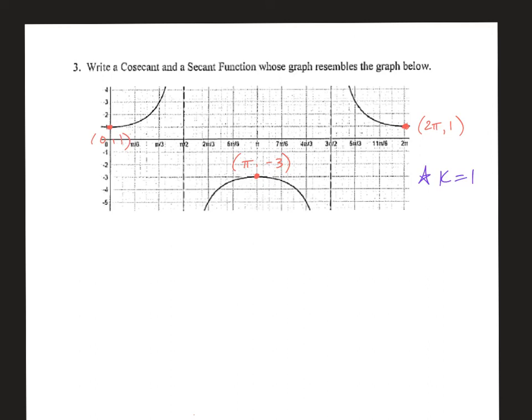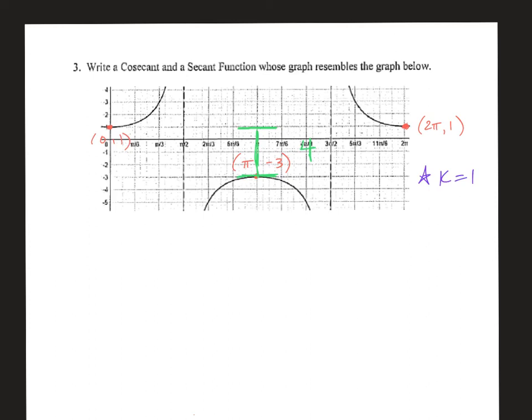The other thing I'd like you to notice is that although this is not an amplitude, because it's not half the height, you have a distance of 1 down to negative 3, a distance of 4 between your curves.